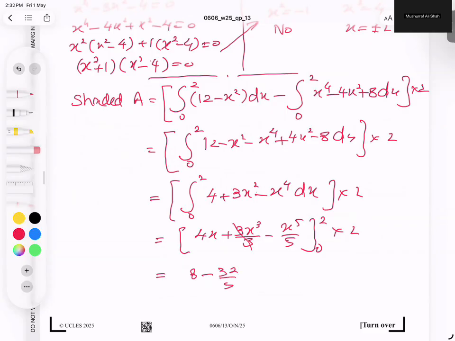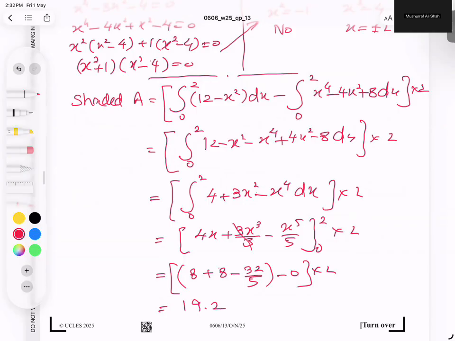Minus the lower limit, all zeros. So I'm getting 8 minus 32 over 5, times 2, which is 16 minus 32 over 5, and that answer multiplied by 2. The final answer is 19.2 units squared.